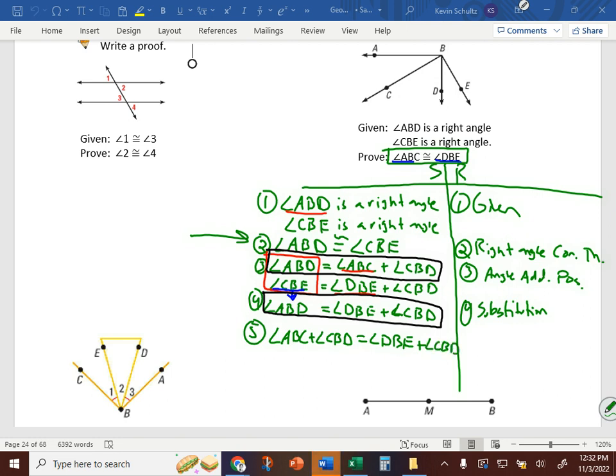Remember I said earlier, we need to get an equation that has ABC and DBE on opposite sides? That's what we've just done here, right? We have just been able to say because ABD has been set congruent or equal to these two expressions, it means they're equal to each other. This would be transitive. And so we now have an equation that relates ABC to DBE.